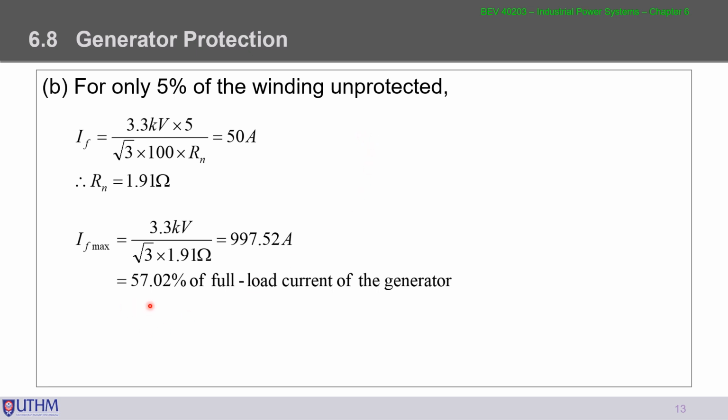So this is the current of the generator that will flow to the ground if a fault happens.